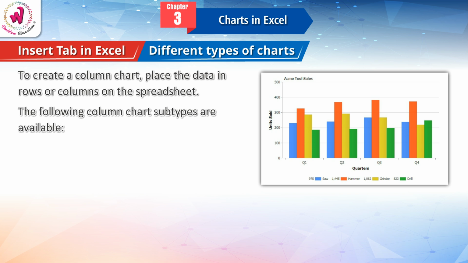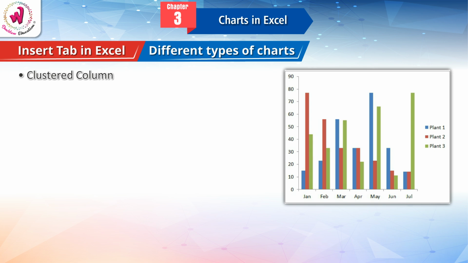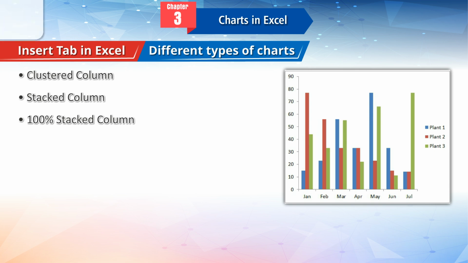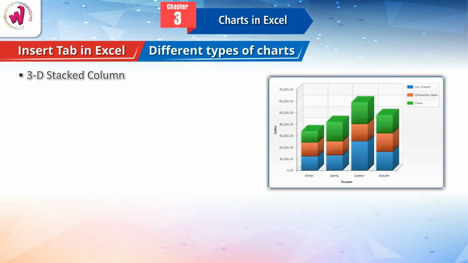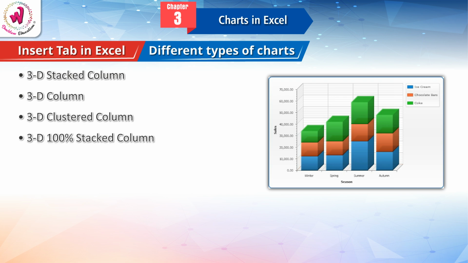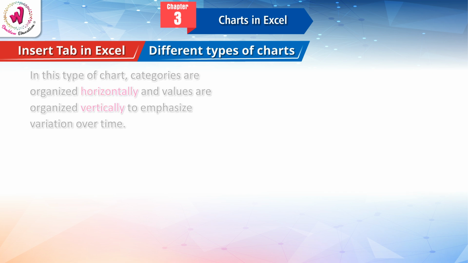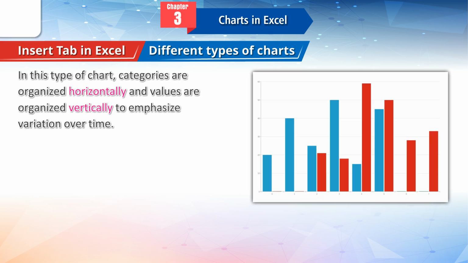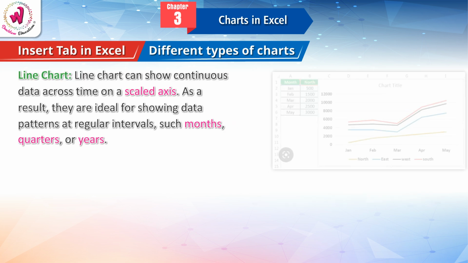The following column chart subtypes are available: clustered column, stacked column, 100% stacked column, 3D stacked column, 3D column, 3D clustered column, 3D 100% stacked column. In this type of chart, categories are organized horizontally and values are organized vertically to emphasize variation over time.